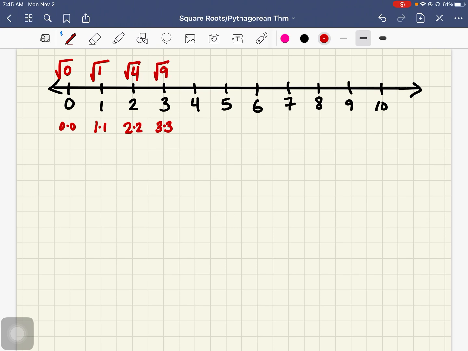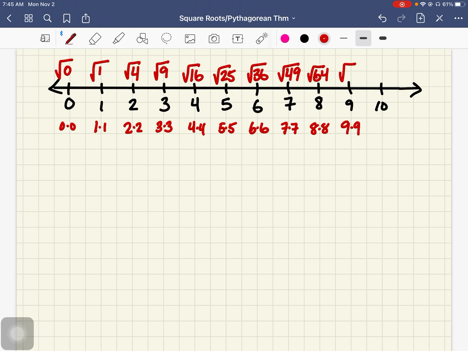So the square root of 9. 4 times 4, so this is going to be the square root of 16. 5 times 5, that's the square root of 25. 6 times 6, that's the square root of 36. 7 times 7, so this is going to be the square root of 49. 8 times 8, that's the square root of 64. 9 times 9, that's the square root of 81. 10 times 10, that's the square root of 100. So we can keep on going forever and ever.